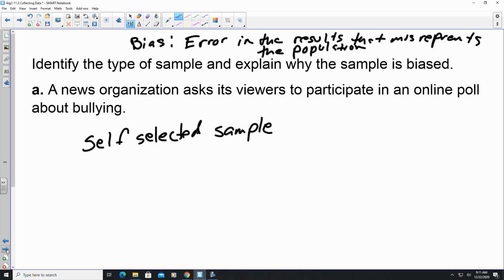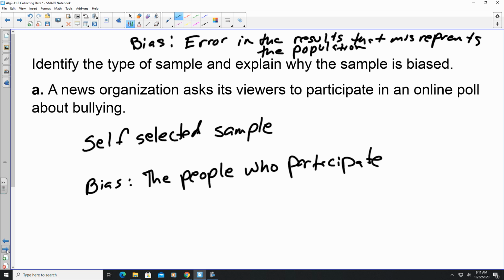Now, why would this particular self-selected sample be biased? Well, the reason why it may be biased is that the people who participated probably have, or they do have, strong opinions about the subject, and in this case, bullying.